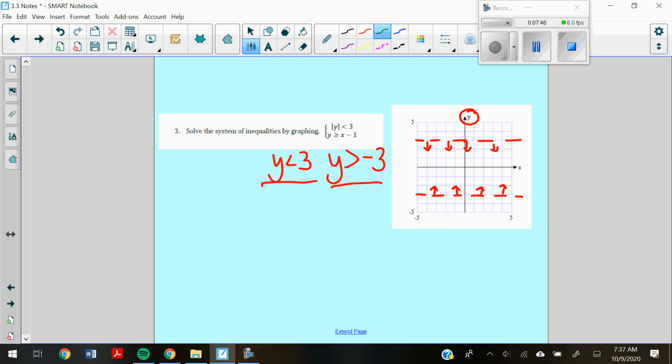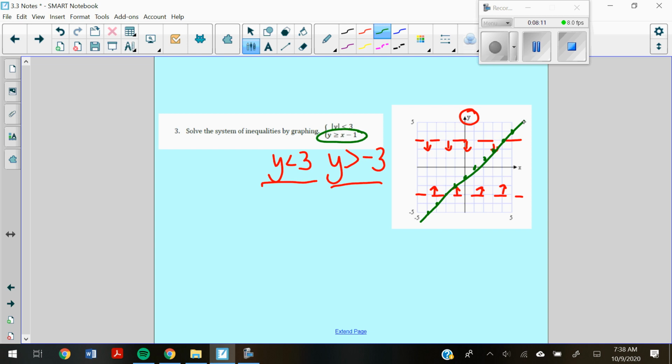All right, let's go ahead and look at this one. It's in slope-intercept form, so that's great. My y-intercept is -1, and my slope is +1. So up 1, over 1 to the right, all the way through, or I can go down 1 and to the left, all the way through. This one is equal to, so I'm going to make this a solid line.